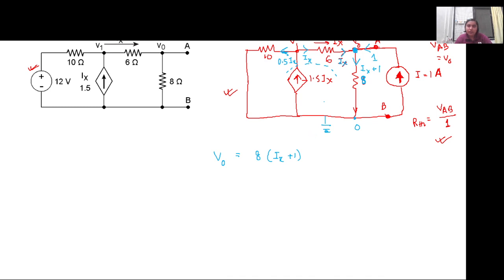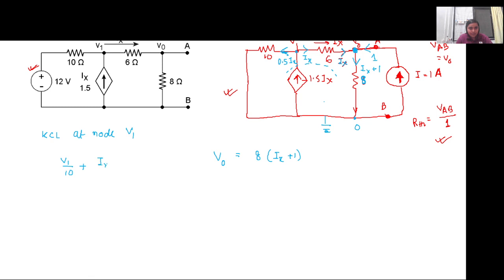Okay. Now, if we apply KCL at node V1, by KCL we had calculated this current Ix, right? We can also write in terms of voltage: the voltage at node 1, that is V1 minus 0, by 10, plus Ix, since the Ix currents are going out.